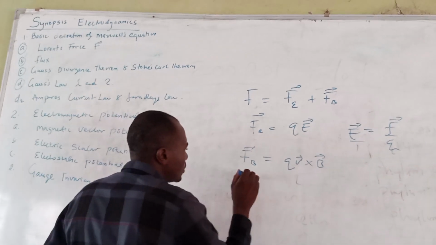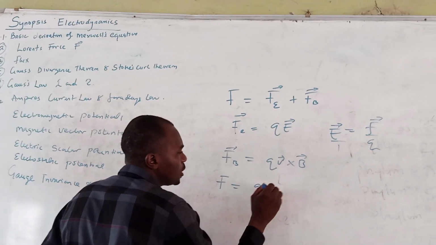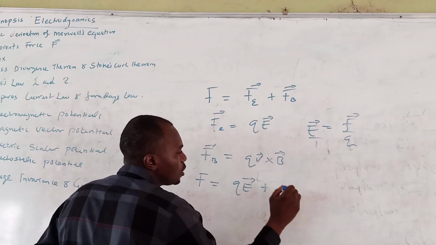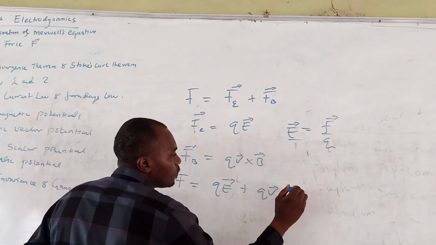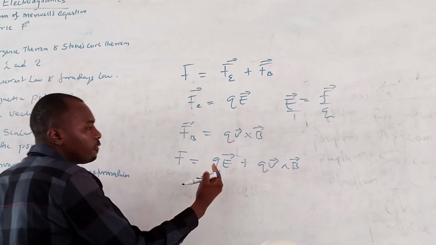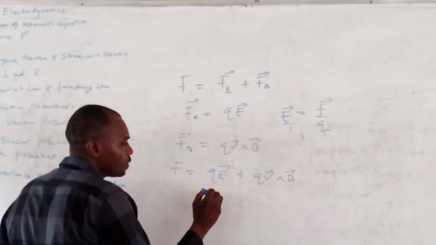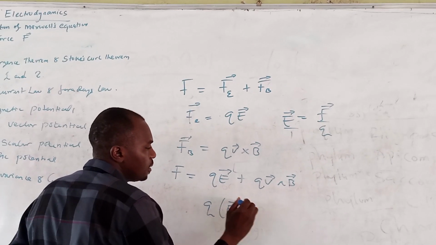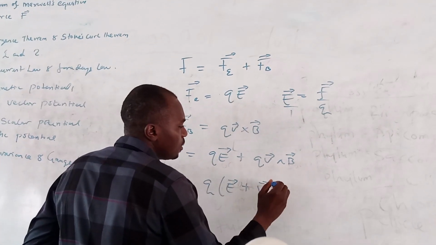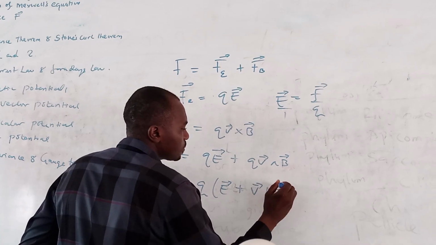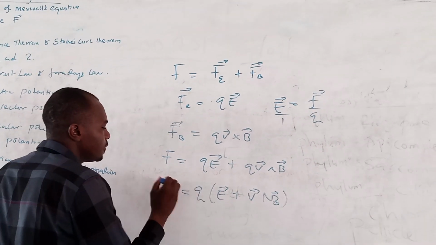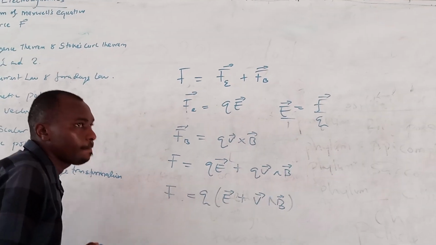So if I add them, my total Lorentz force is QE plus QV cross B. I have Q here and Q here, so I will factor Q outside. So I will have Q(E plus V cross B), and this gives me my Lorentz force.